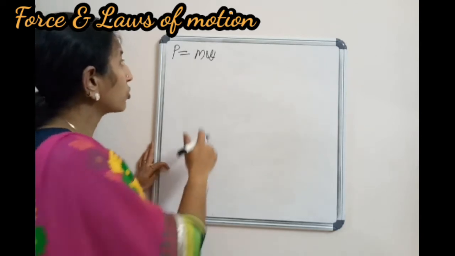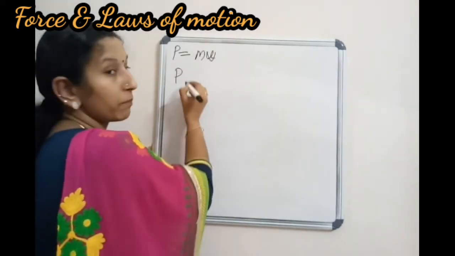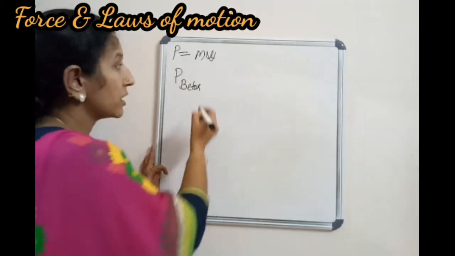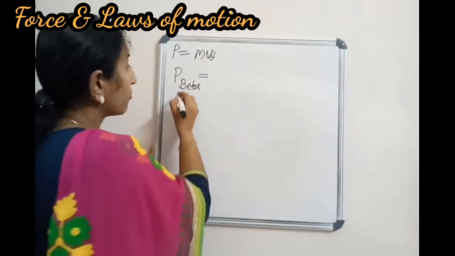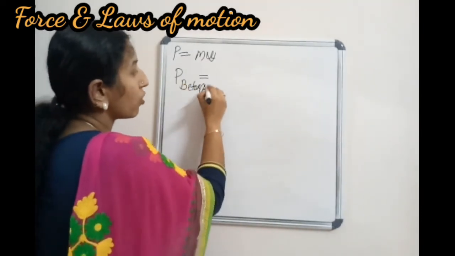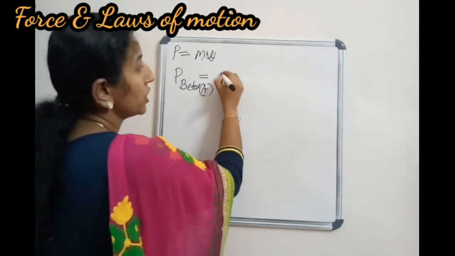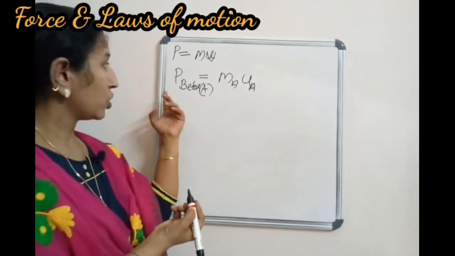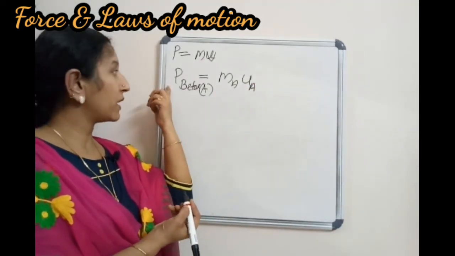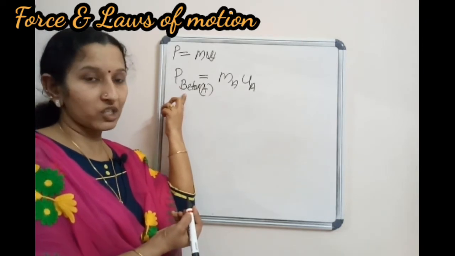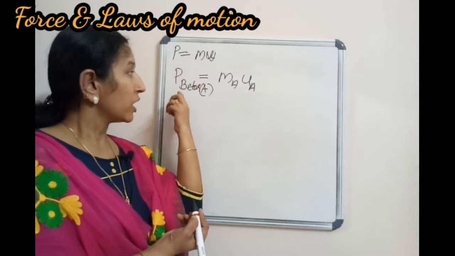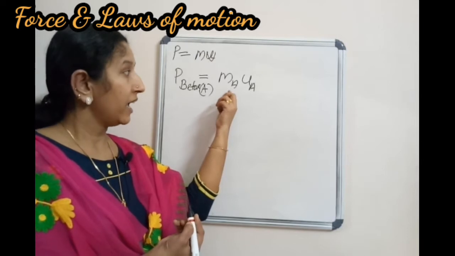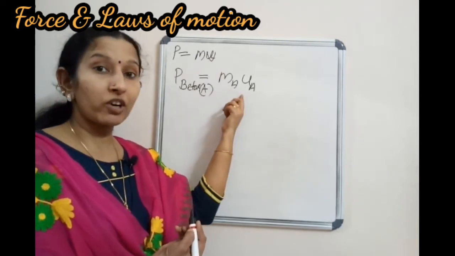So how do we write the momentum before collision? The momentum of ball A before collision equals MA UA, where MA is the mass of ball A. And which velocity is used before collision?